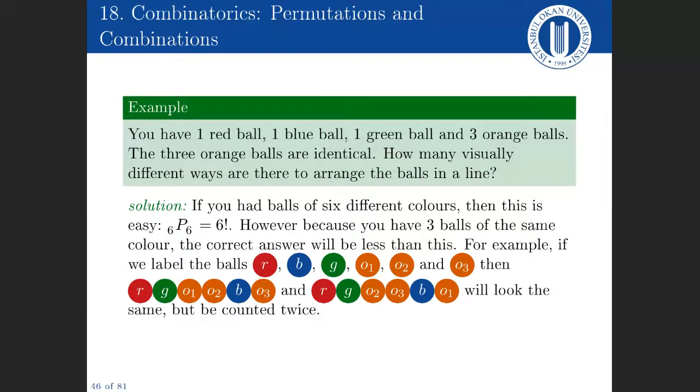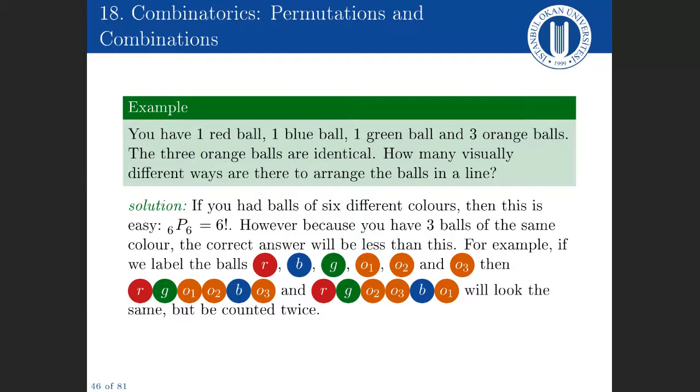Now let's suppose you have 1 red ball, 1 blue ball, 1 green ball, and 3 orange balls. And for this question, we're going to assume that the 3 orange balls are identical. How many visually different ways are there to arrange the balls in a line?